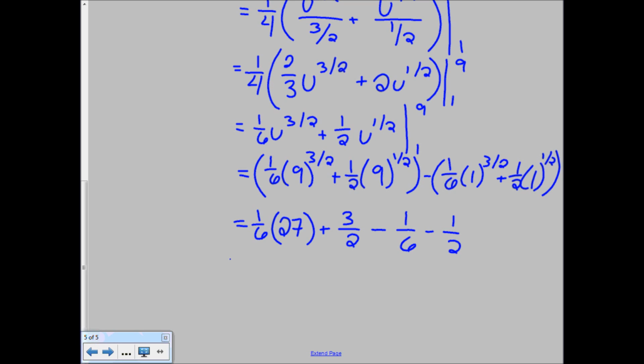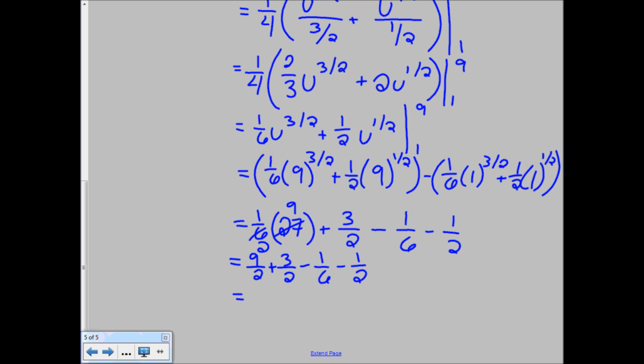So now all we have to do is simplify. So 1/6 times 27, I can cross cancel and make this a 3 and then make this a 2 and this a 9. So we're going to get 9/2 plus 3/2 minus 1/6 minus 1/2. 9/2 plus 3/2 is 12/2.